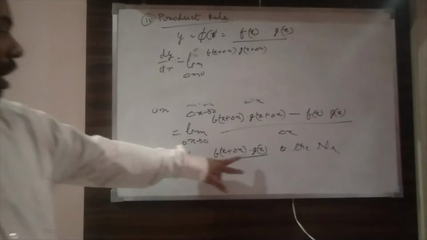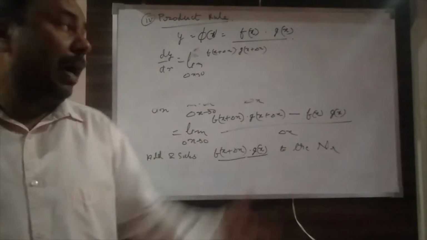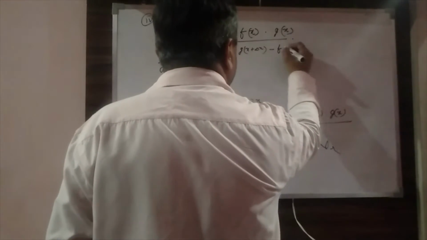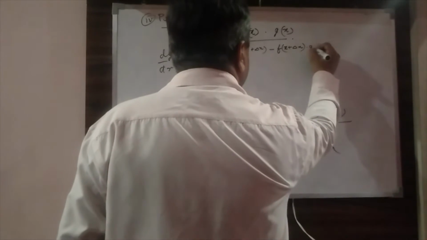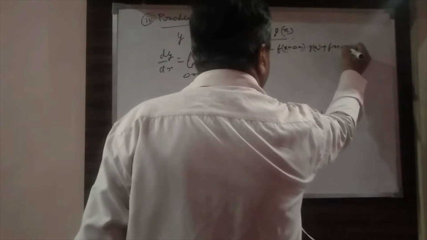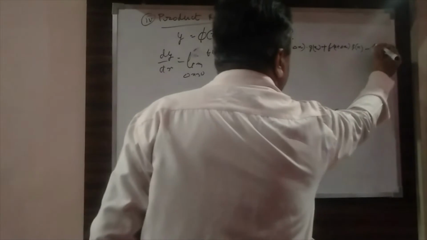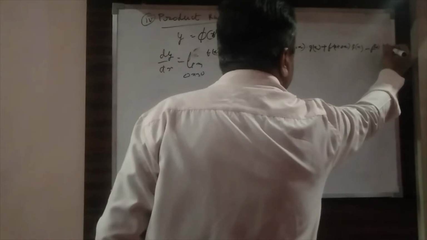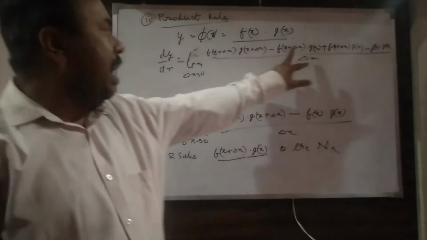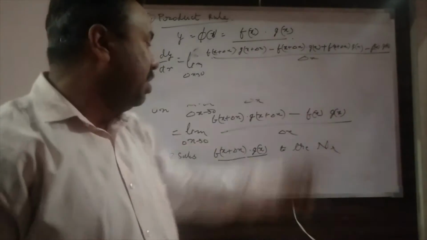Now as I have said, I am adding and subtracting this, so first I will subtract f(x + Δx) multiplied by g(x), and then add the same number, f(x + Δx) into g(x). Okay, and then minus the remaining part, f(x) into g(x). Got it? I have subtracted and added the same number, so this is not going to make any difference in the value.